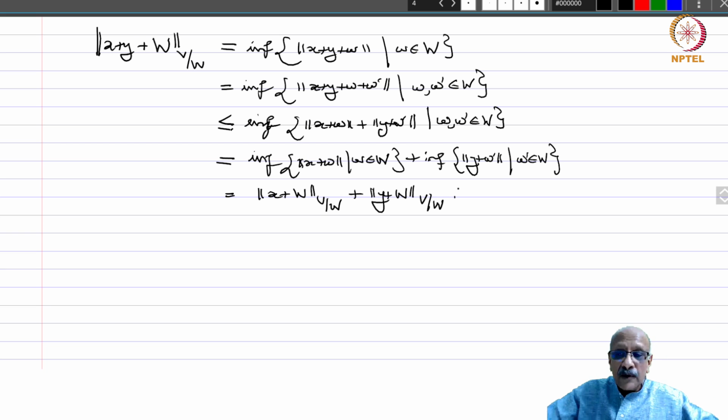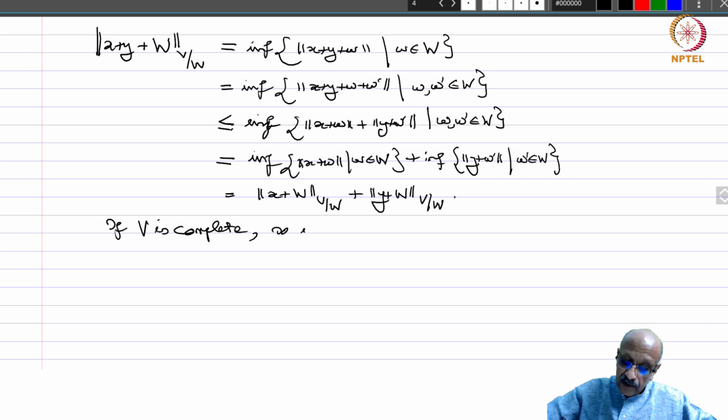So V by W, where W is a closed subspace, makes a normed linear space. If V is complete, so is V by W. So if the original space is Banach, then the quotient space also is Banach. So the quotient space inherits the Banach or completeness property.